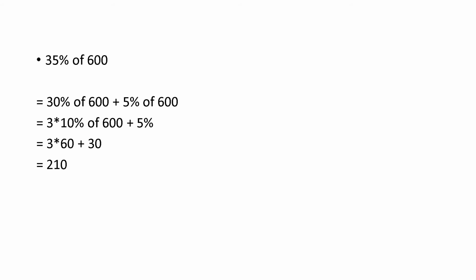Next is 35 percentage of 600. That means 30 plus 5. 30 percentage of 600 plus 5 percentage of 600. See here the normal method I have used. 3 into 10 percentage, that is 30, and then instead of 1 percentage into 5, here we have written directly the 5 percentage.